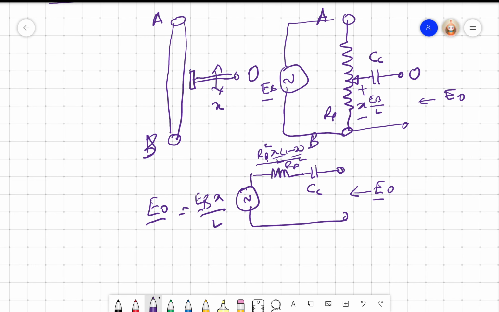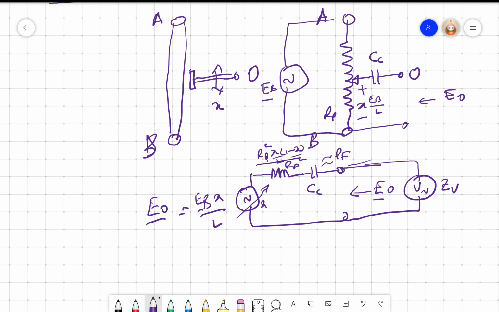Even though this voltage is directly proportional to X, this voltage, because of the series impedance, will not be, the moment I try to measure it with an AC voltmeter which has its own internal impedance ZV. The E naught would not be a linear one. That is mainly because the capacitance that we get would be in the order of picofarads.